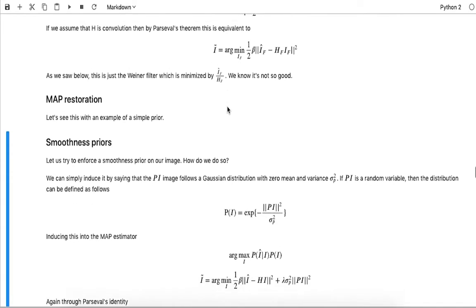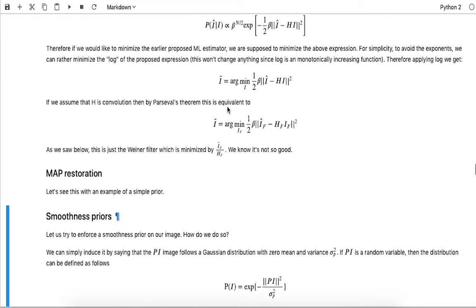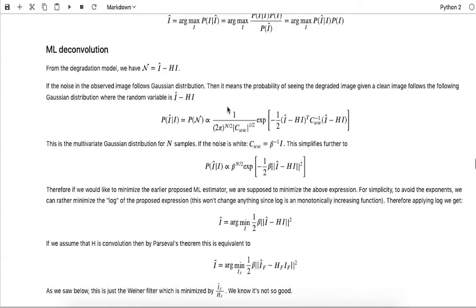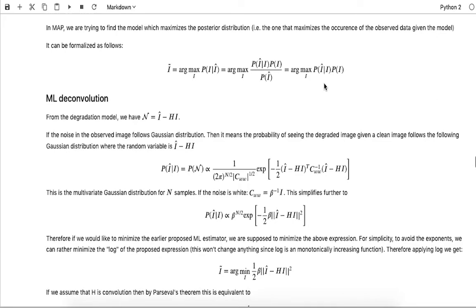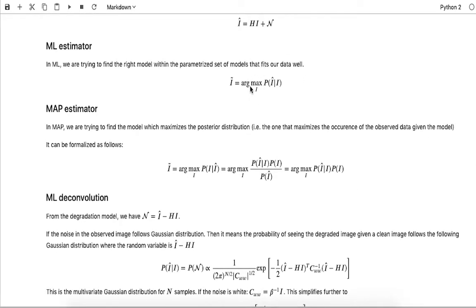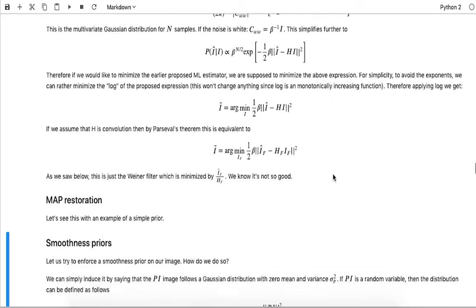So in a MAP setting, I'll take an example and explain how you can do this. In the MAP setting, if you recall, the first term is your maximum likelihood term, and the second term is the prior. So instead of maximizing this, you would like to maximize this. Let's say for now I consider that my images are smooth, so I want to induce such a thing into my prior. How would I do it?